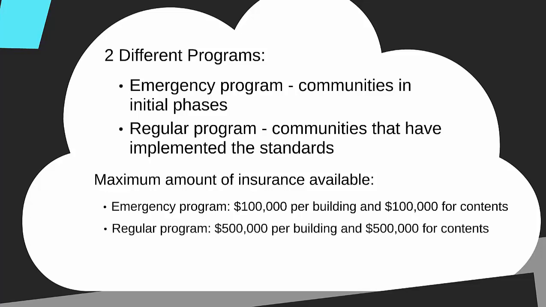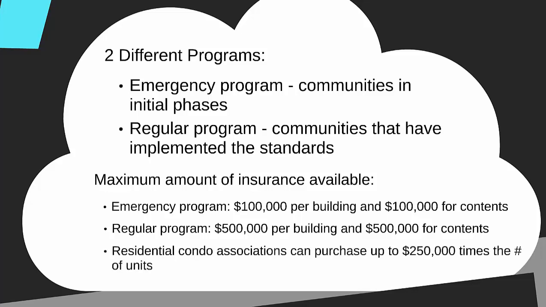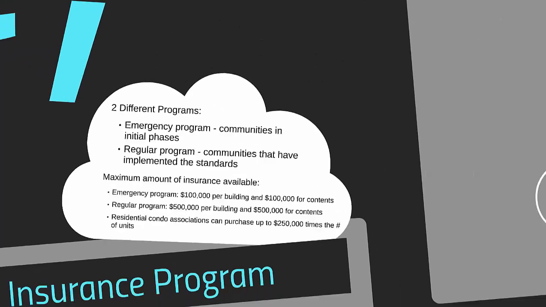With the regular program, the maximum amount you can purchase is $500,000 per building and $500,000 for contents. For residential condo associations, they can purchase up to $250,000 times the number of units. We'll look at that again in a moment.